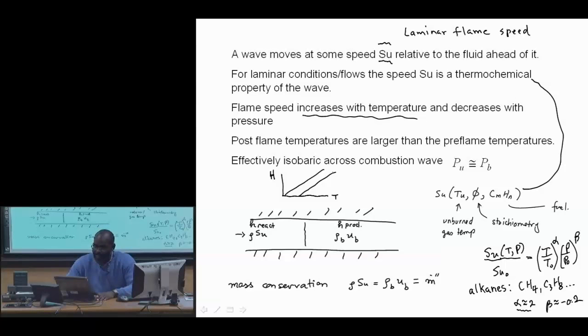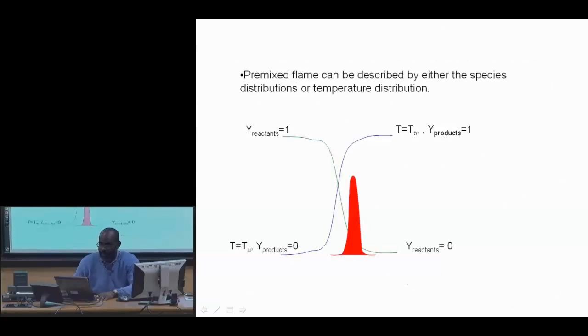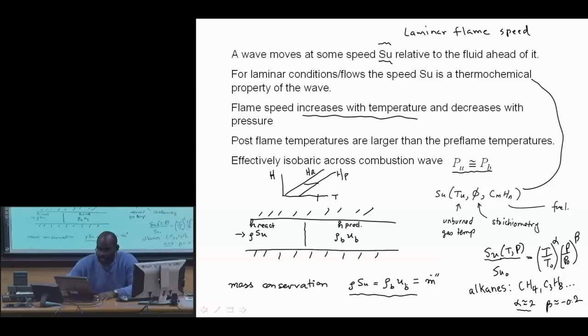As we said also, the pressure change across a flame is essentially zero, and it's considered isobaric. Now, we'll talk about the mass conservation issues in a second. You know what, let me do that right now. I'm just going to create another slide here.